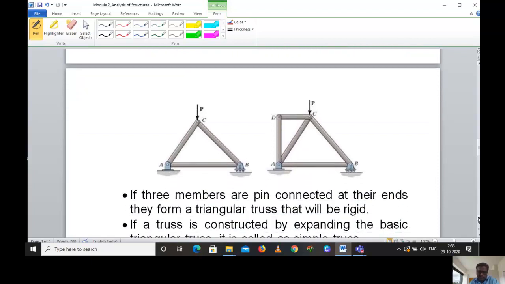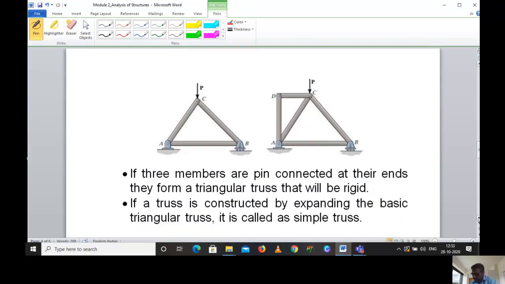Next, suppose 3 members are there, that is A, B, and C. P is the force applied. If the 3 members are pin connected, just understand that word, pin connected at their ends, these are 1, 2, and 3 pin connected at their ends. They form a triangular truss.